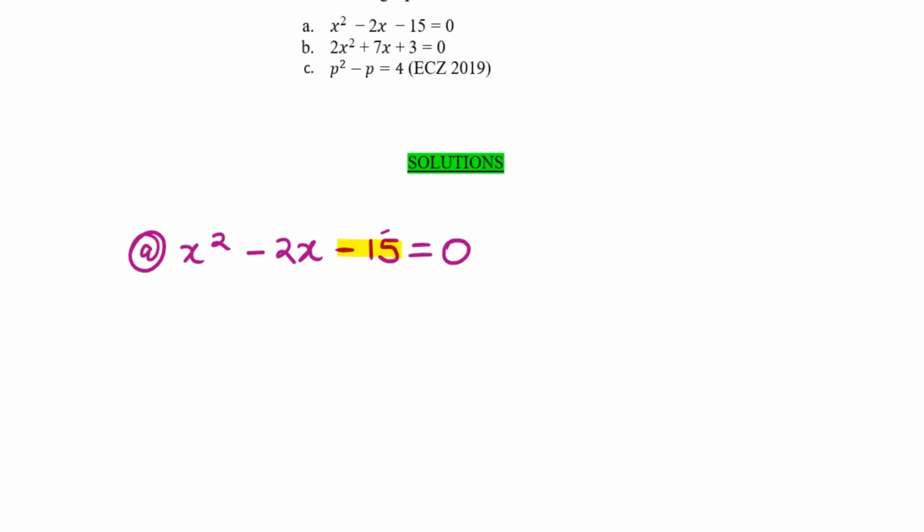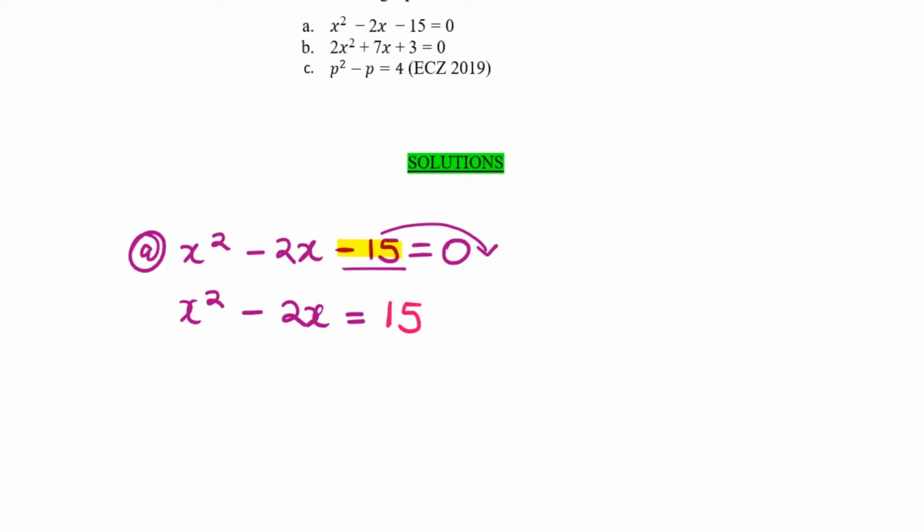The constant here is 15, which goes to the other side. So we'll say x squared minus 2x is equal to, when negative 15 goes to the other side, it becomes positive 15. So we just write 15.